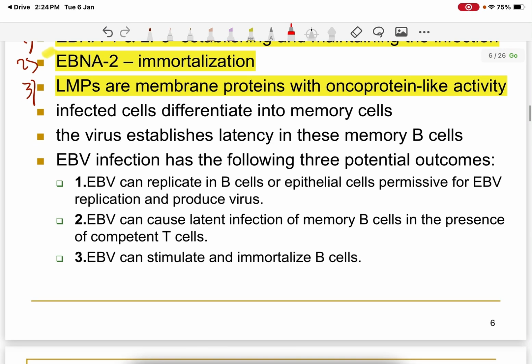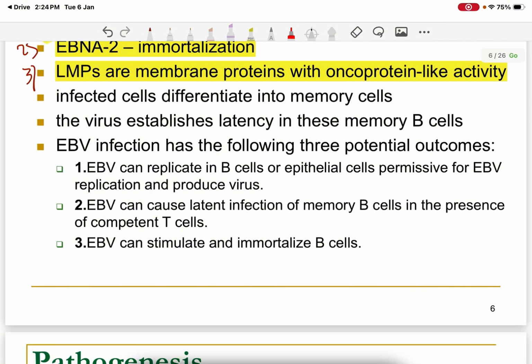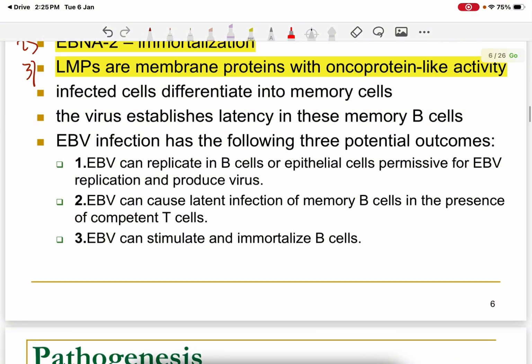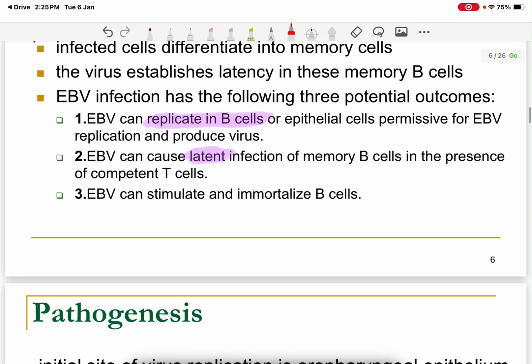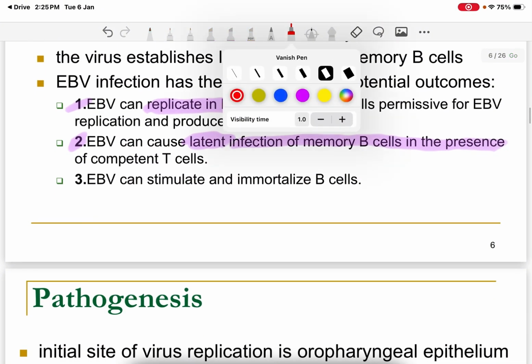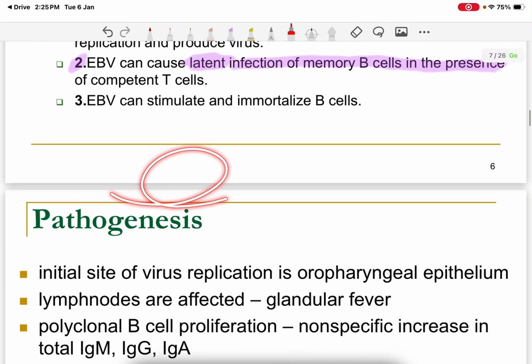Okay, if it doesn't become replicative, what could it become? Latent, okay, meaning it stays dormant, like herpes zoster, the shingles, right? It stays latent in the memory B cells and it could stimulate and immortalize B cells. Once that occurs, the third phase of the infection.